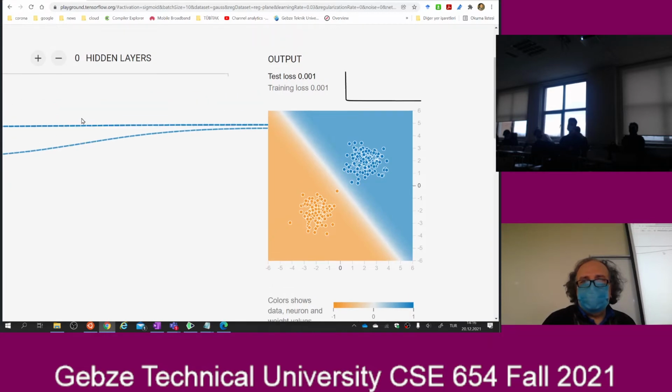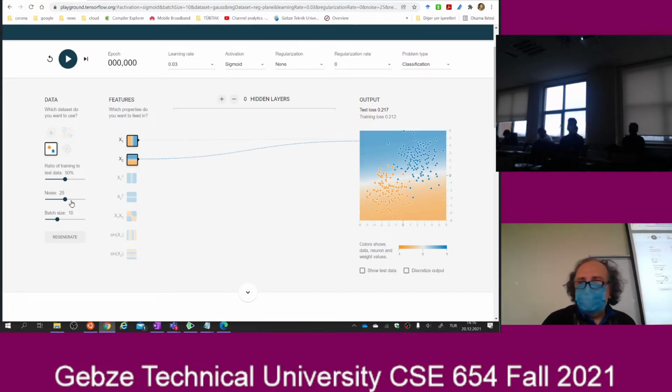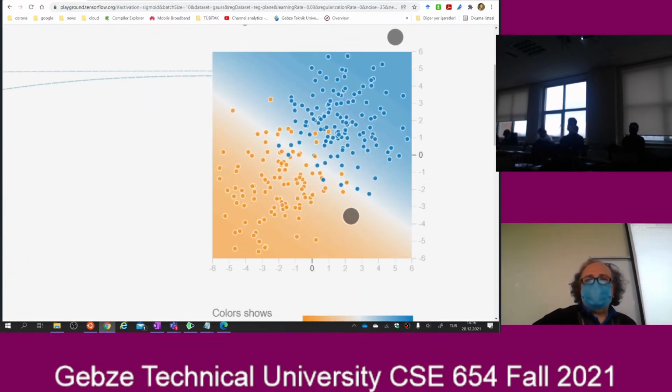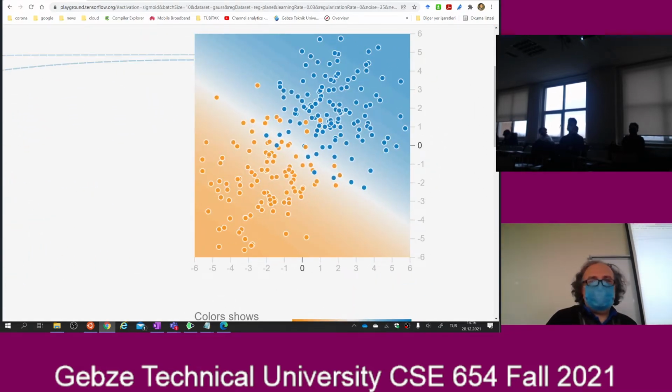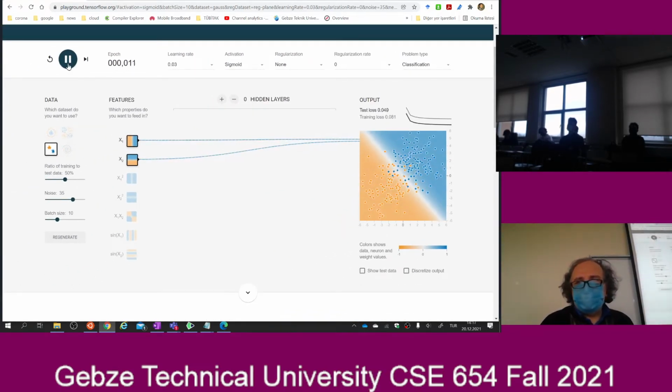0.001. For example, if I add noise, what is noise? Noise is like that, okay? So as you see, my data is a lot noisy now. Positives and negatives are intermixed. I am asking to optimize this from the Google Playground. It is doing a good job, but the loss is not going to be 0.000 because my data set is noisy.